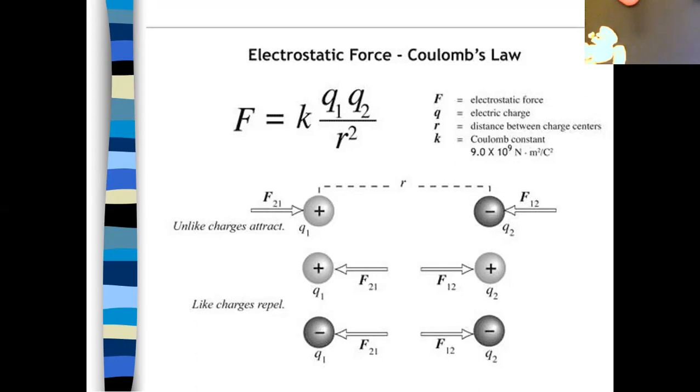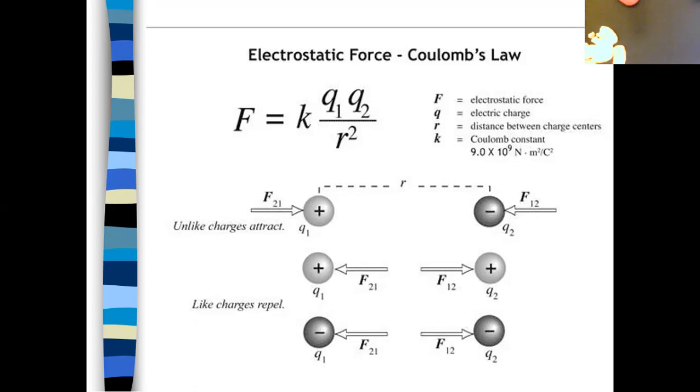Notice that those are in the numerator of the formula. So what does that mean about the charge on an object and the force of repulsion or attraction? They must be directly proportional, right? So if you double one of the charges, you're going to double the force of attraction or repulsion.